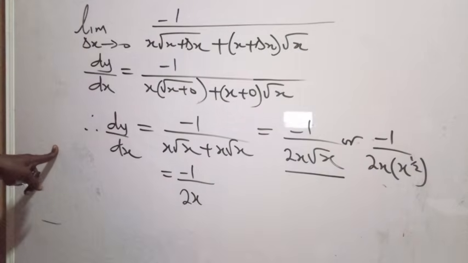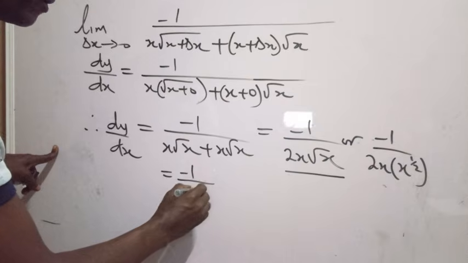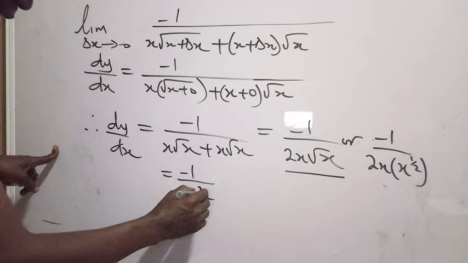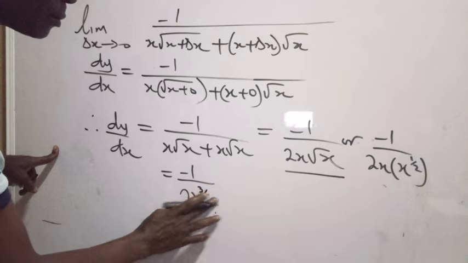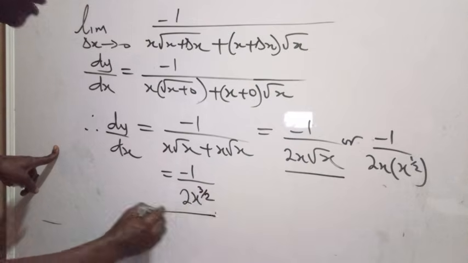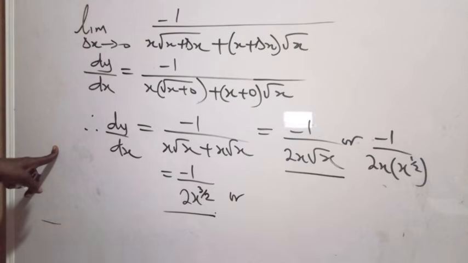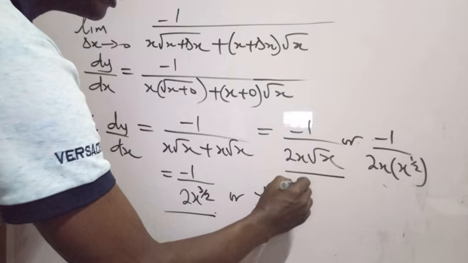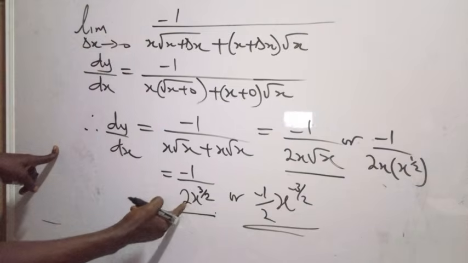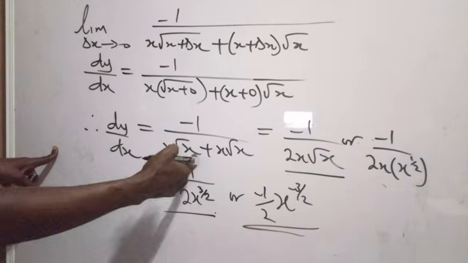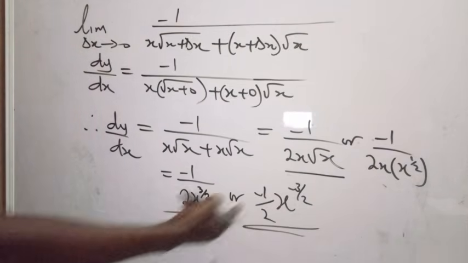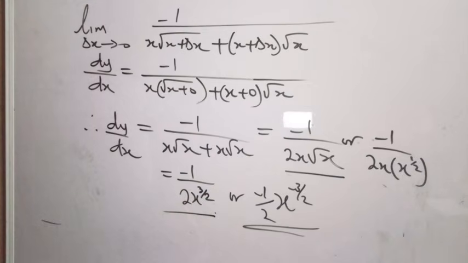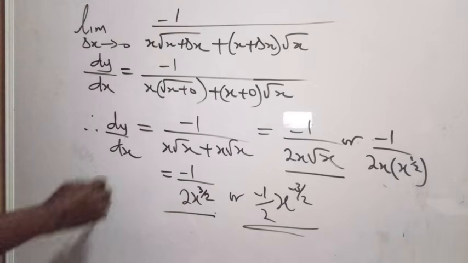So according to the law of indices, 1 plus half is what? 3 all over 2. So you can also leave it like this. It's still correct. Or you can write it out as minus 1 over 2 x raised to power minus 3 over 2. Yes. That is, by the time this x raised to power 3 over 2 comes up, it will take a negative exponent. So the answer is now what?